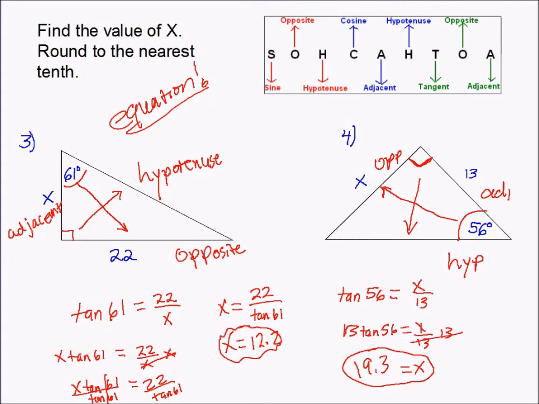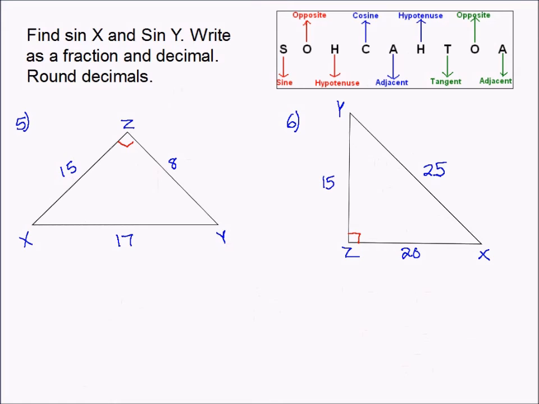So the next example talks about finding sine x and sine y, not sin, sine. So sine of any angle is going to be opposite divided by the hypotenuse. So let's identify the hypotenuse first. Okay, so across from the right angle, this must be the hypotenuse.